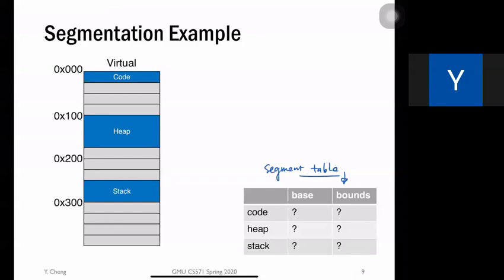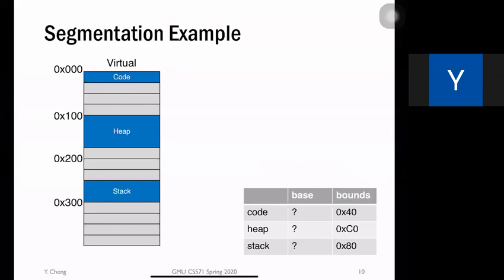So which of these 2, base and bounds, is known ahead of time? It's the bounds value that is known, because the bounds basically just define the size, the length, of the corresponding memory segment.